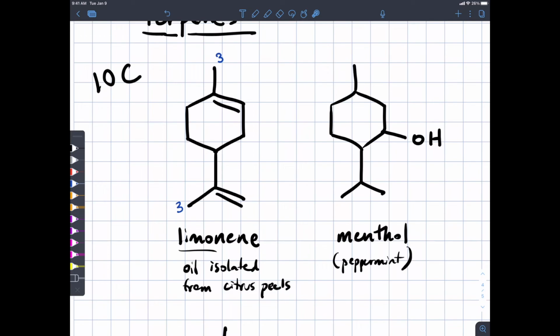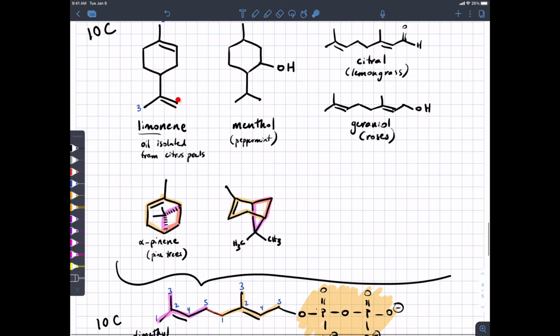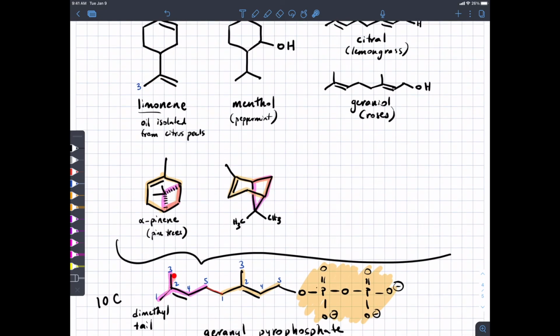Is there a carbon there that's attached to what could have used to be two methyl groups? Okay, some of you are thinking no because you see this double bond there. I tell you, ignore the double bonds to identify the dimethyl tail. Does that make sense? So we're ignoring the fact that there's a double bond here and saying probably these three carbons here came from this portion of our linear precursor.